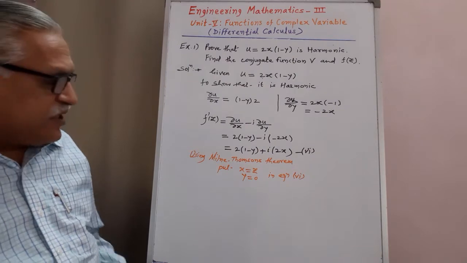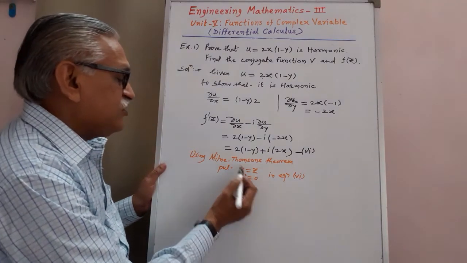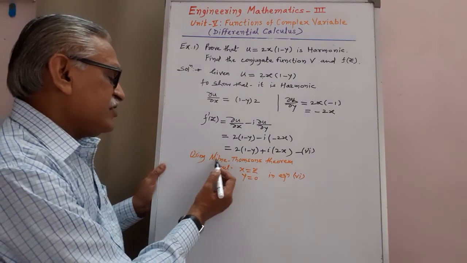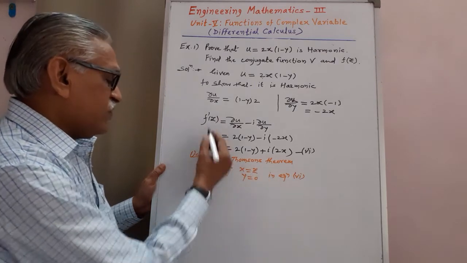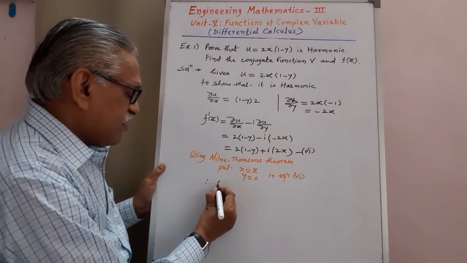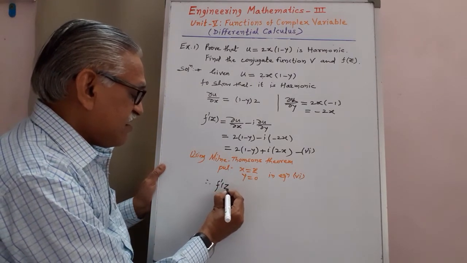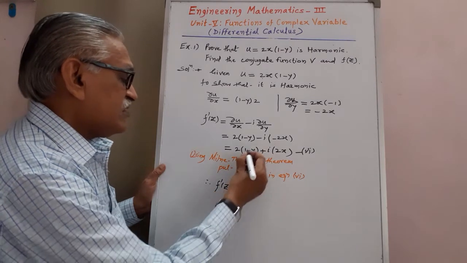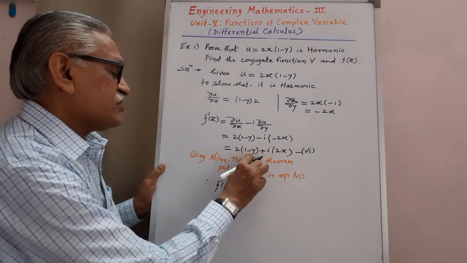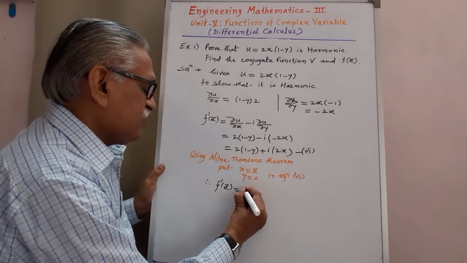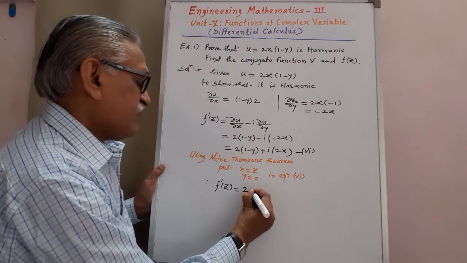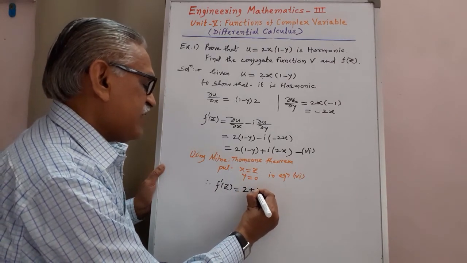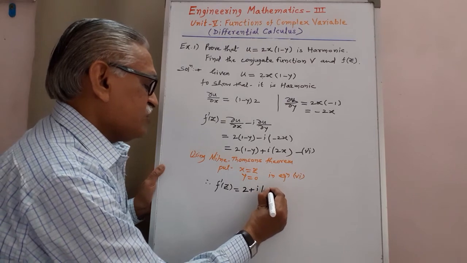Therefore, if we put x as z and y as 0 by this Milne-Thomson theorem, we get f'(z) as, y is 0, therefore this term becomes 0. We get 2 into 1, that is 2, plus i times 2z.